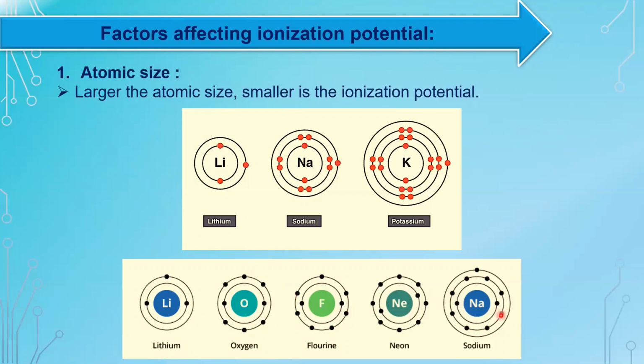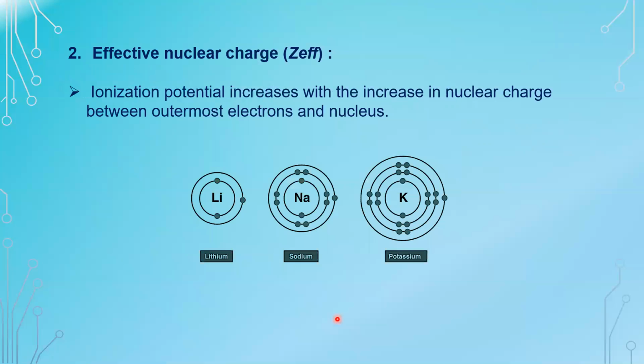So definitely the ionization potential of sodium is less than the ionization potential of these other elements. Next comes effective nuclear charge, symbolized as Z effective, which is based on the atomic number. Ionization potential increases with the increase in nuclear charge between the outermost electron and nucleus.